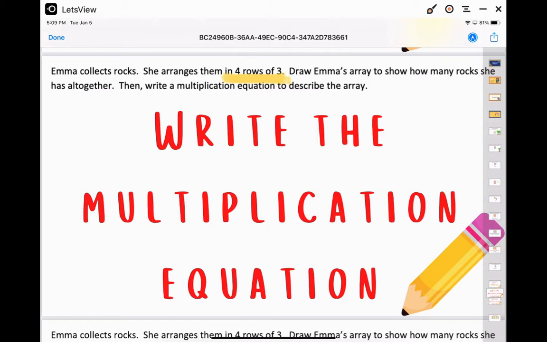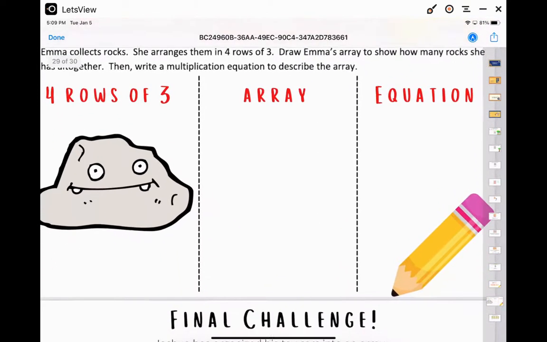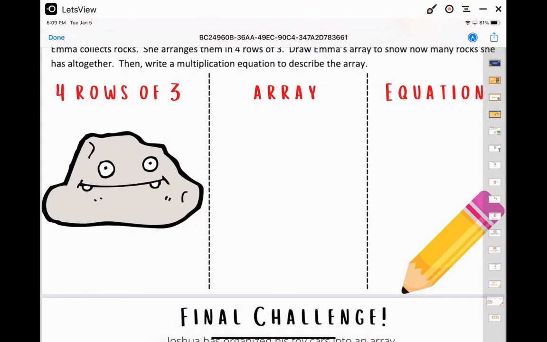All right, guys, are we ready to check our work? So the first thing that you were asked to do was to just write the words 4 rows of 3. After writing the words 4 rows of 3, you were asked to draw an array.